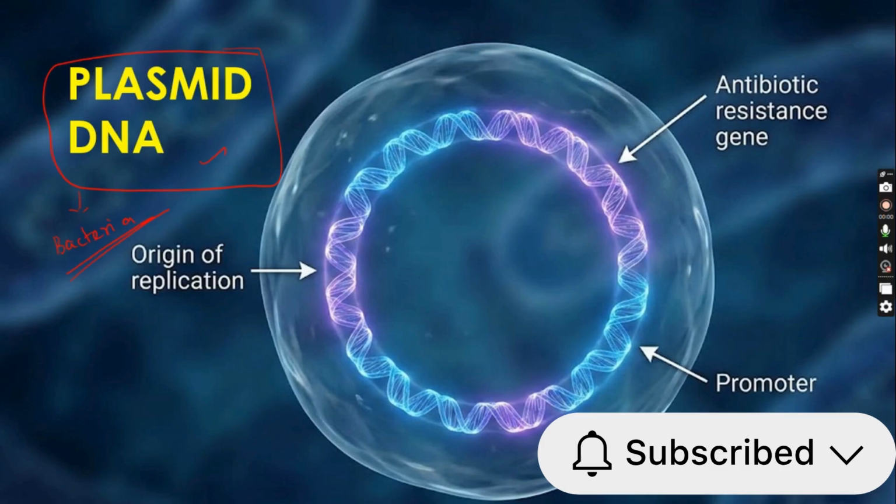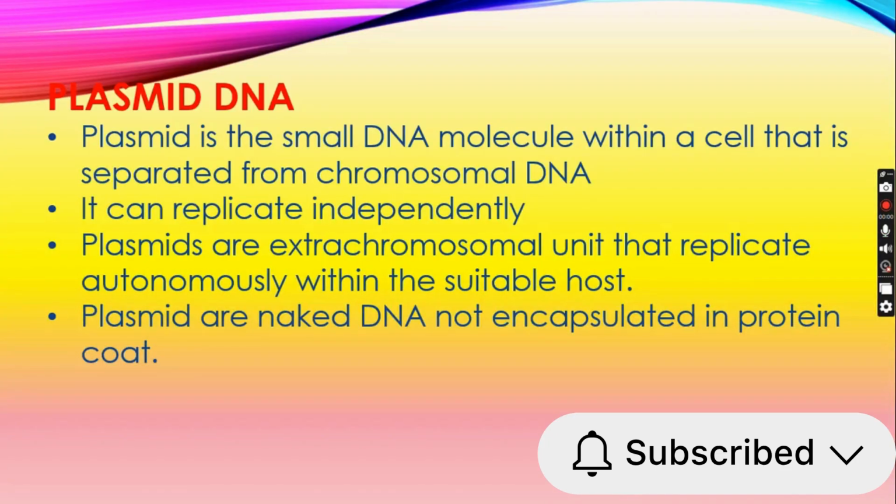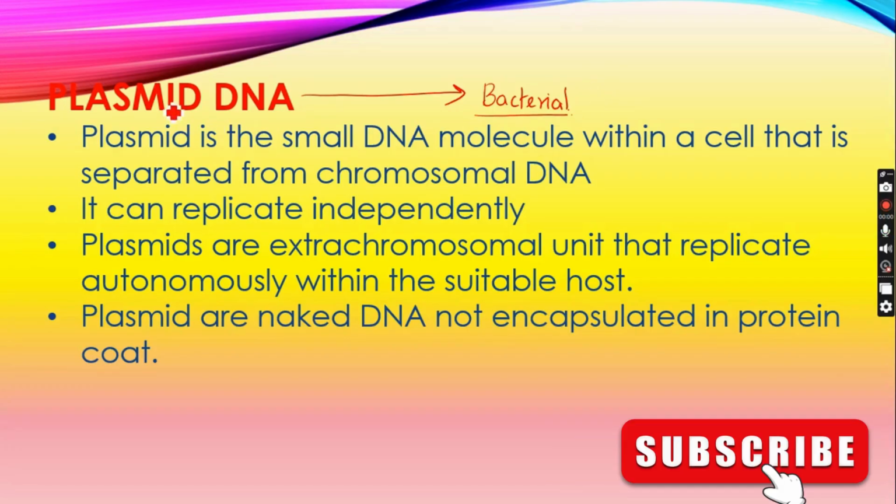So in this video we are going to see about the plasmid DNA. A plasmid DNA is going to be present in the bacterial cells, apart from the bacterial DNA. It is going to have an origin for the replication of this plasmid DNA, because this plasmid DNA is not going to replicate along with the normal bacterial DNA.